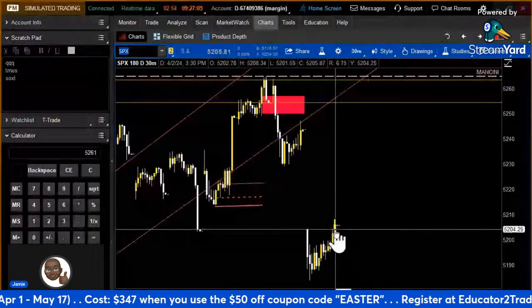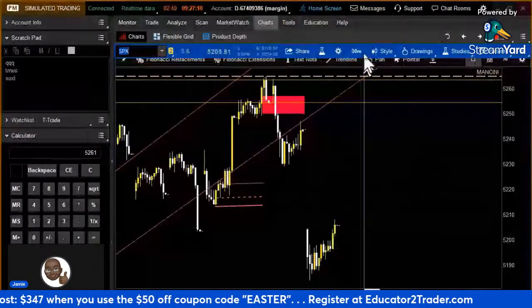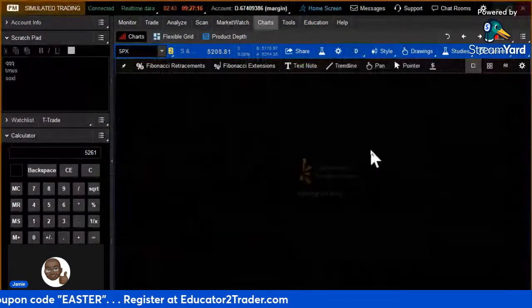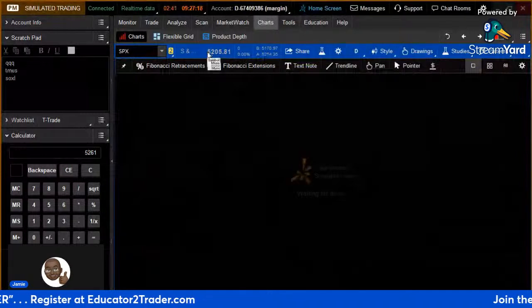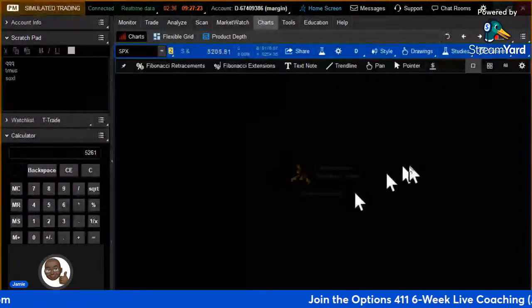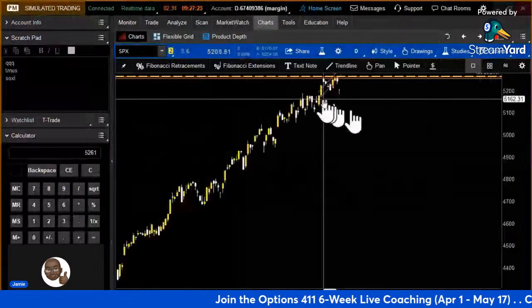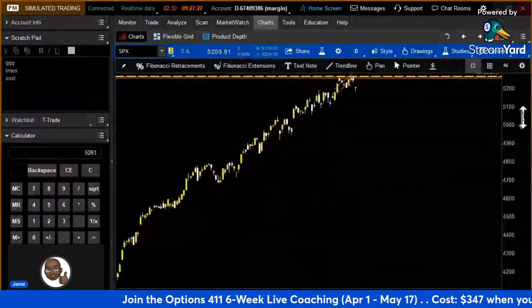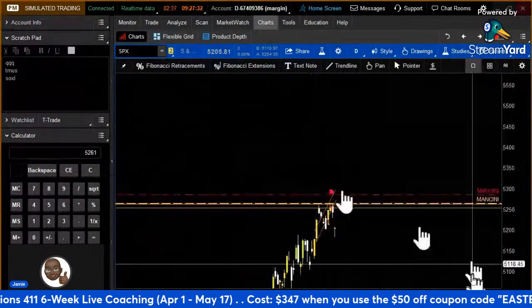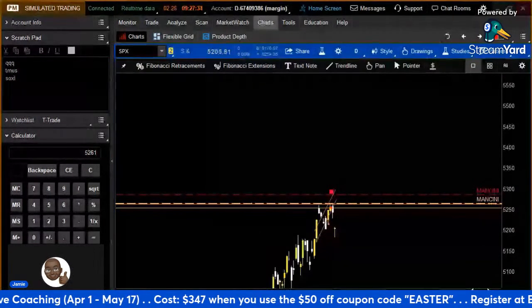If you want to do the daily chart, it doesn't really matter. The number you're looking for is where it closed. As of right now, it's probably going to be 52.05. But usually I'll go onto the candle just to be on the safe side, because sometimes there might be fluctuations depending on the broker.